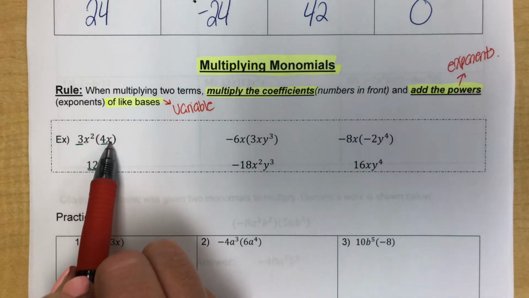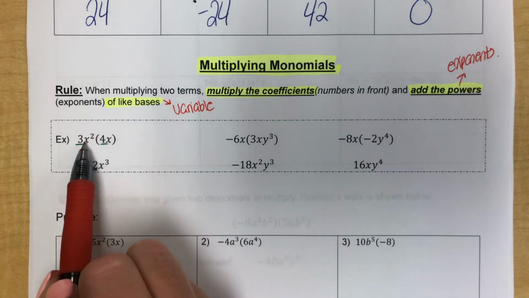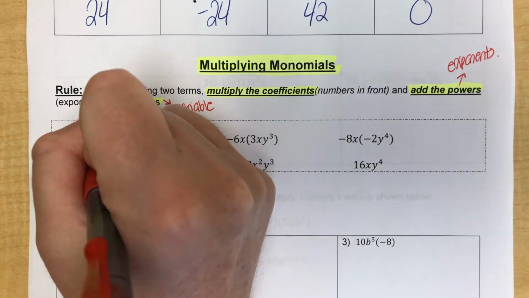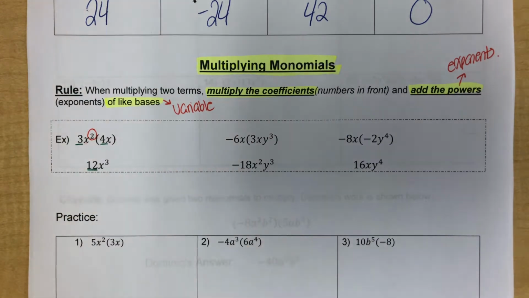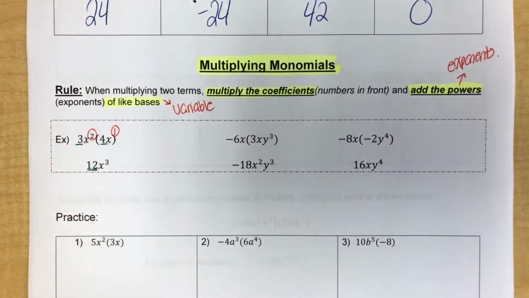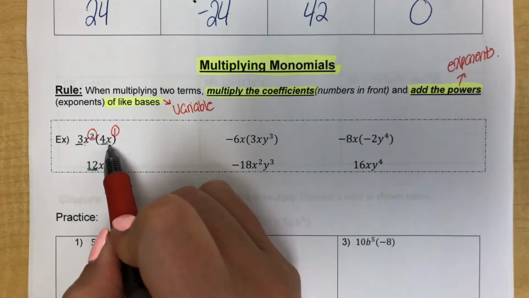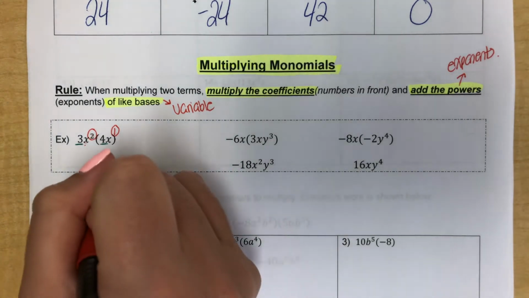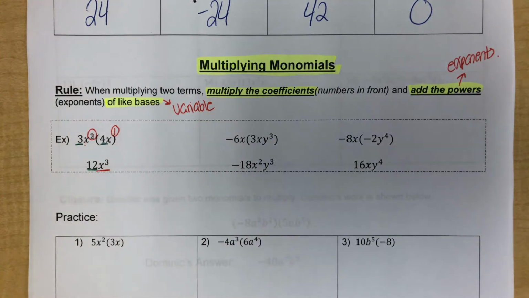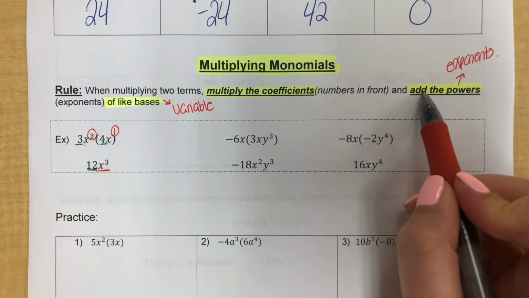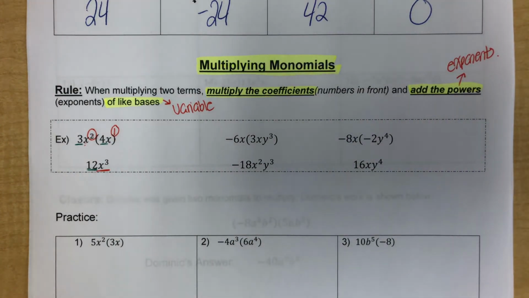So I'm going to add the exponents that are attached to these x's. Well, this x has an exponent of 2, and this x has an exponent of 1. Well, what's x squared times x to the first? Your answer would have been x to the third, because I'm adding those exponents together.